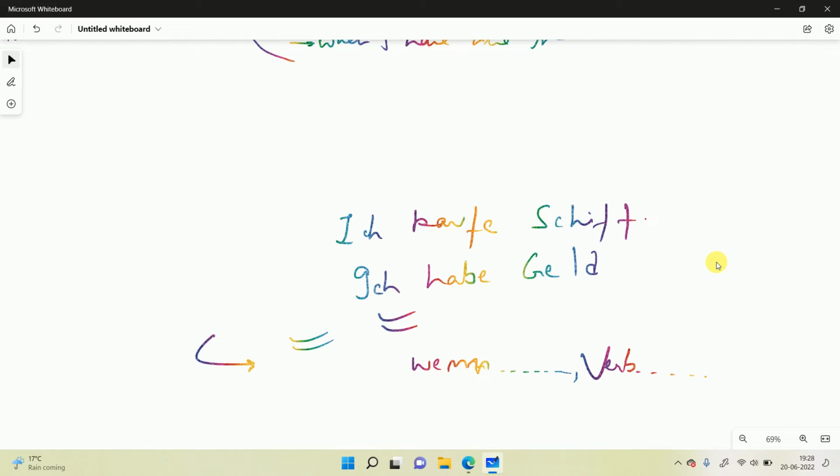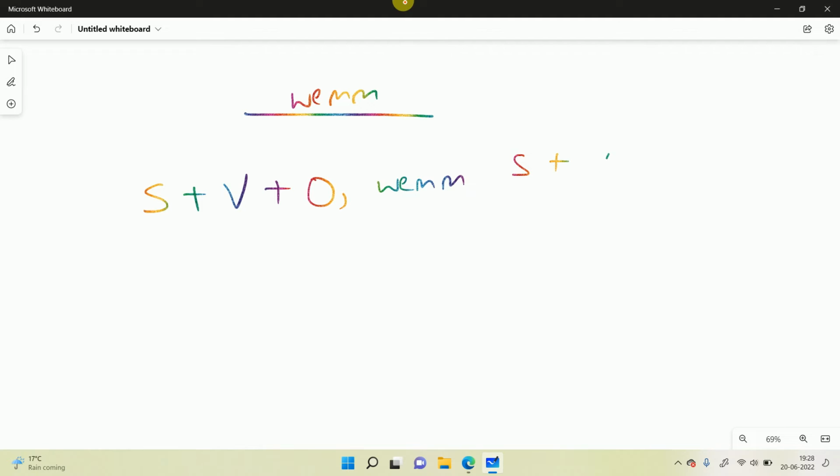And let me just formulate it once again. I would suggest you take a print screen again here. I'm talking about when. So let's say it is something like this: S plus V plus object, and then comma. Maybe sometimes you can use a comma afterwards also, but it's better to use it before only. And then S plus object plus verb, right?